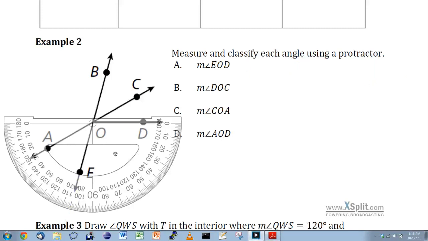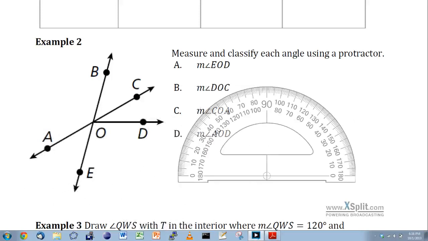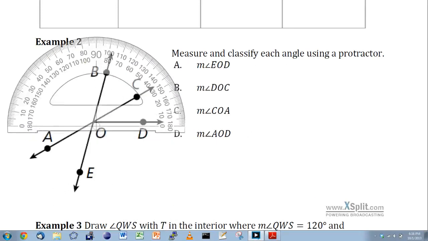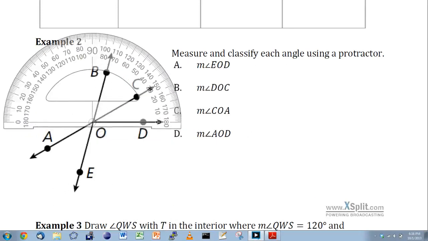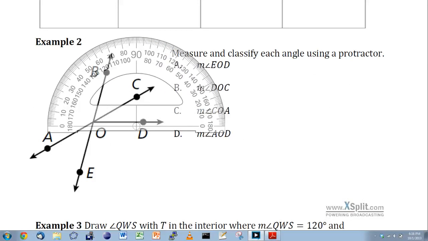For example, if you want to measure DOC, you would just flip your protractor back right side up, and the protractor indicates it's about a 30-degree angle or so. COA is very clearly a straight line. It is a straight angle. It's 180 degrees. And AOD, you can go ahead and measure with your protractor by flipping it around once more.